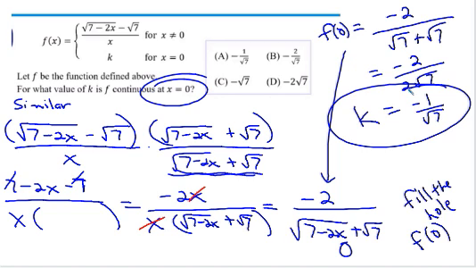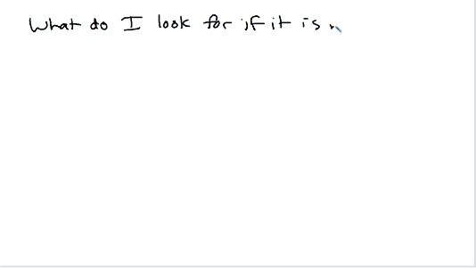So, I just want to finish with the question, what do I look for to find where a function is not continuous? You might want to add that. What do I look for if it is not continuous?